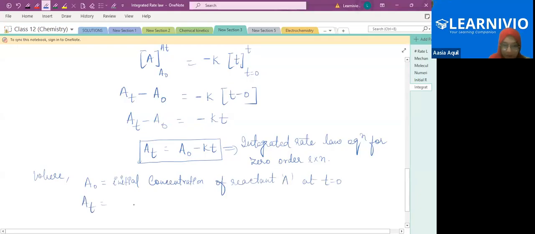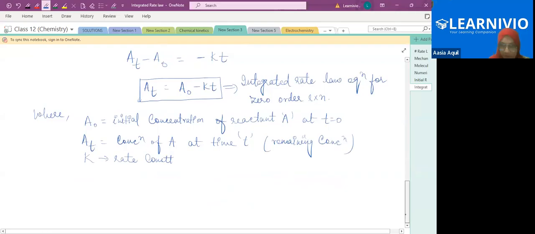At is the concentration of A at time t, which means the remaining concentration. And what is K over here? K is, you know very well, the rate constant for a zero order reaction.